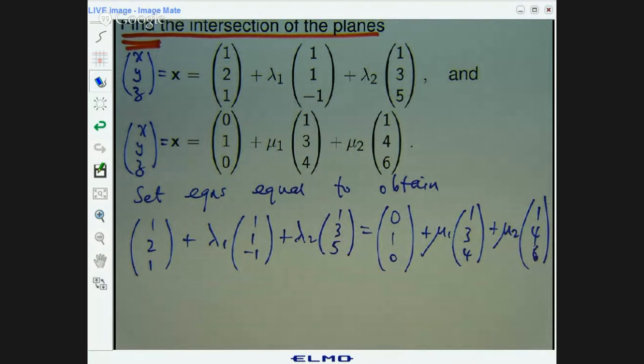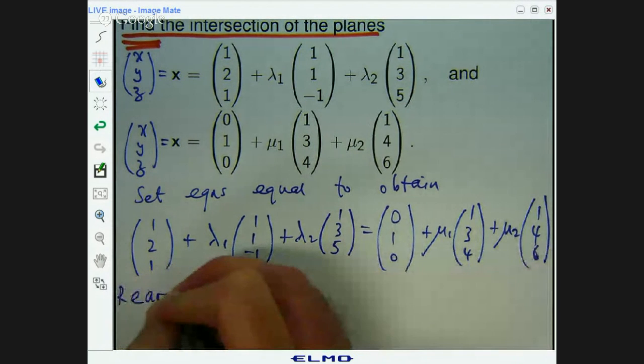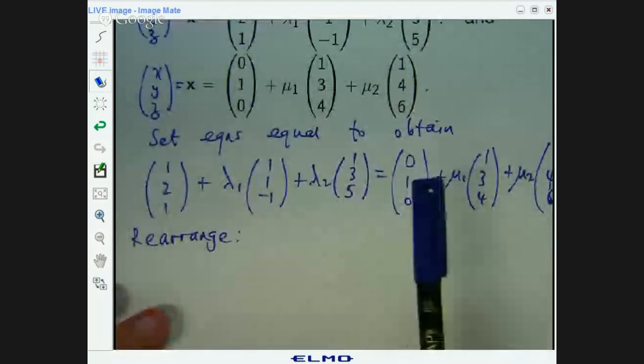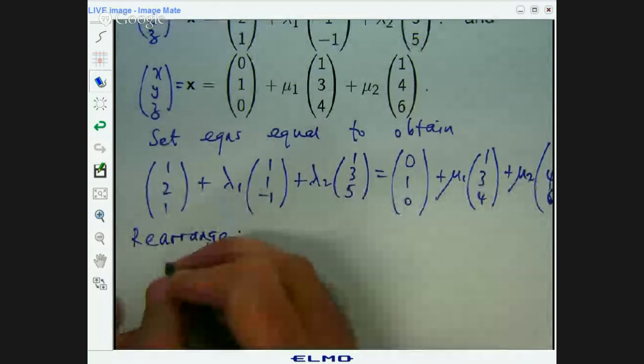So let's rearrange. All right, so what are we going to get?